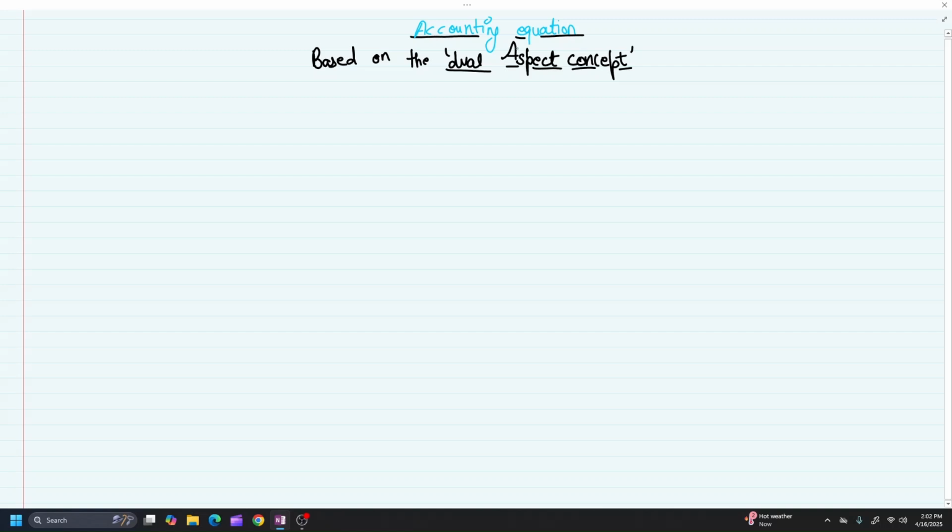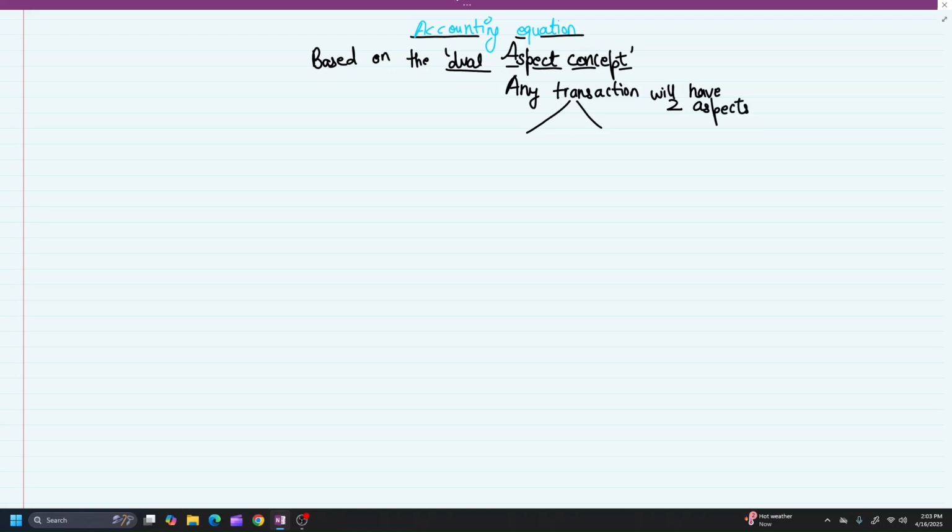So dual aspect concept says that any transaction will affect two accounts. Not two accounts, it says that any transaction will have two aspects. Two aspects, what are they?